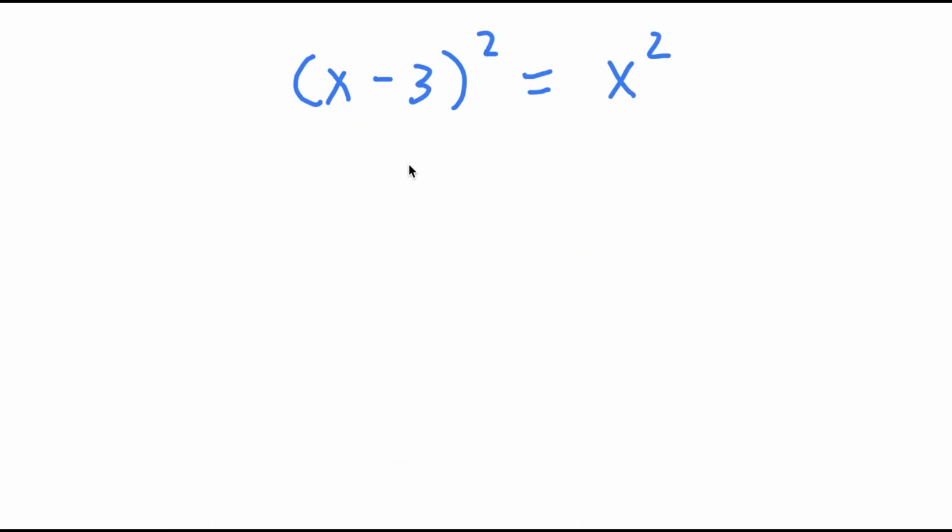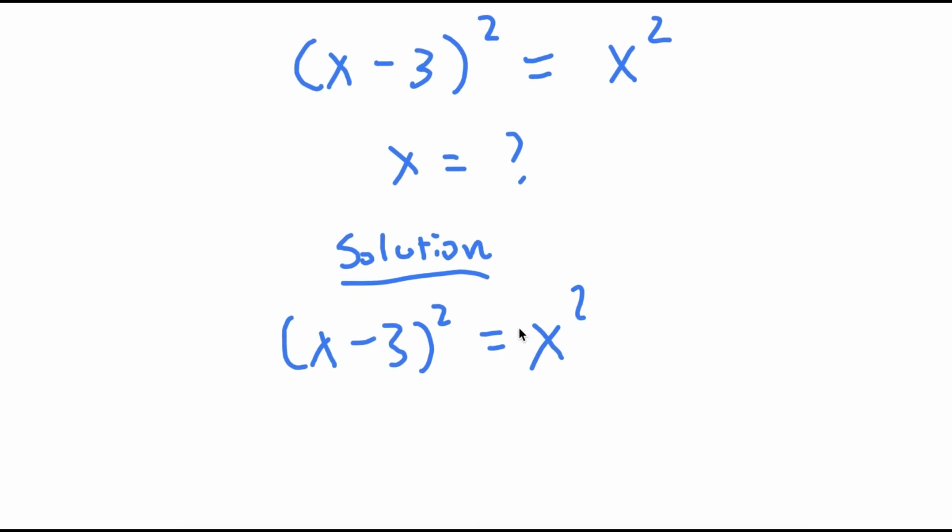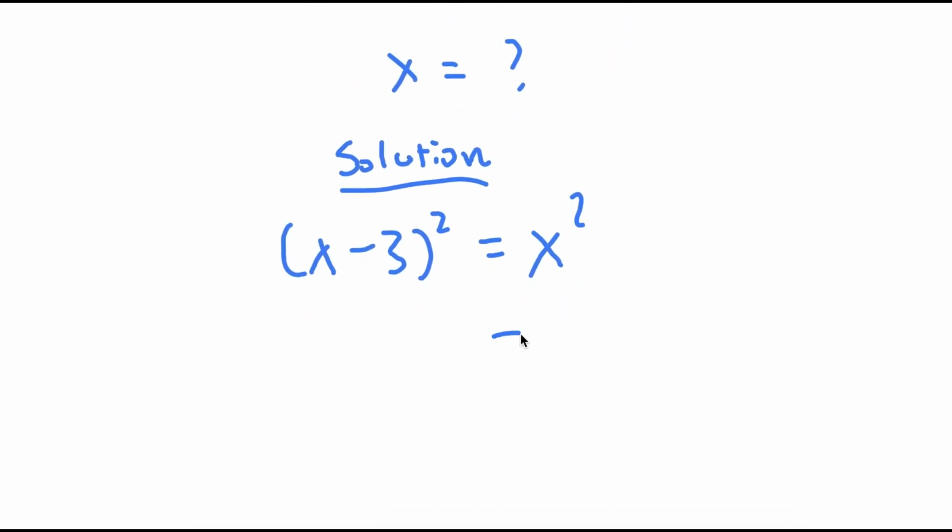Alright, so in this problem I have x minus 3 squared is equal to x squared. So to solve this, I want to find the value of x. So for my solution, first start with x minus 3 squared is equal to x squared. Then I'm going to subtract x squared on both sides.